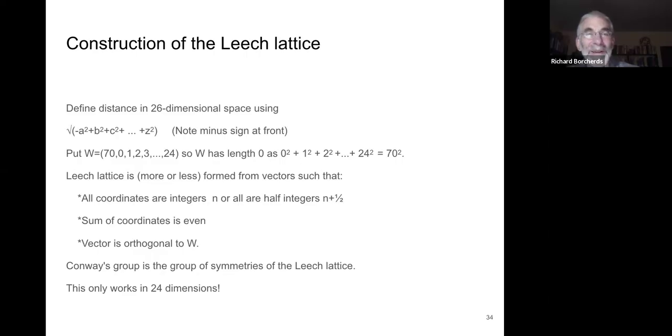And when moonshine came along, Conway just coined the name monstrous moonshine because it sounded really cool. Moonshine indicates that the connection between the monster group and the elliptic modular function is completely crazy, and moonshine is alliterative with monster. So they wrote this paper on monstrous moonshine, and ever since then the name monster got stuck. So it's either called the monster or the Fischer-Griess monster.